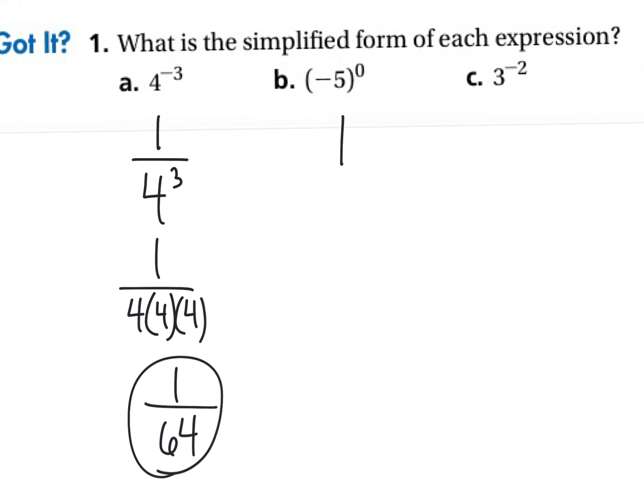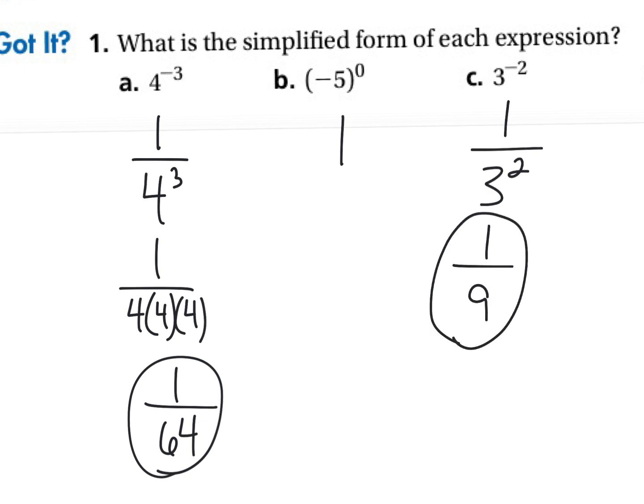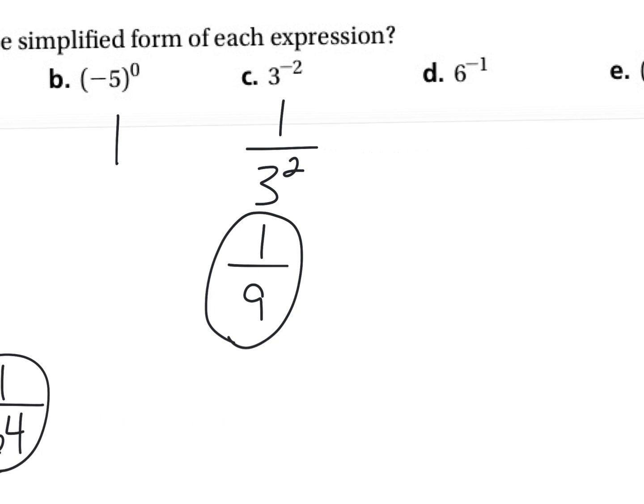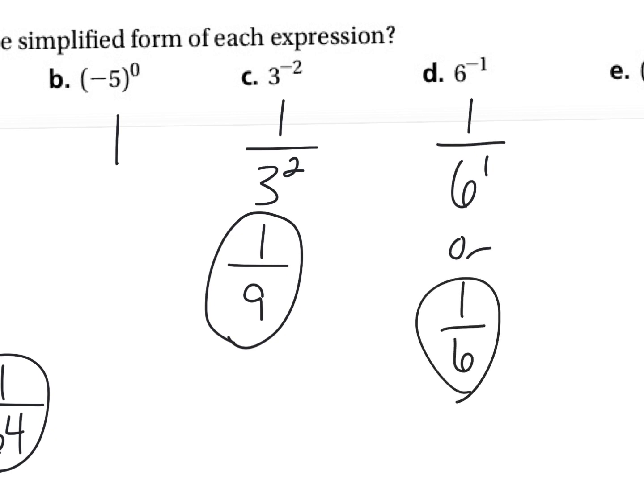On part C, 3 to the negative second power is the same as 1 over 3 to the second power. 3 times 3 is 9, so that would be 1/9. Part D, we've got 6 to the negative first power, so that would be 1 over 6 to the first power. We really don't have to put the first power on that. We could just make that 1/6.